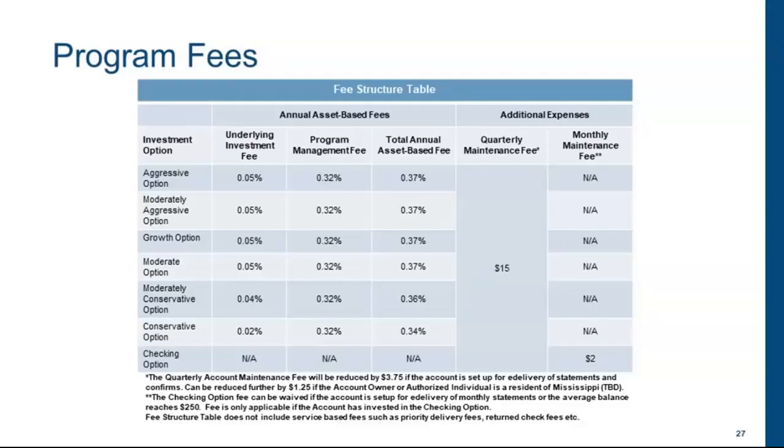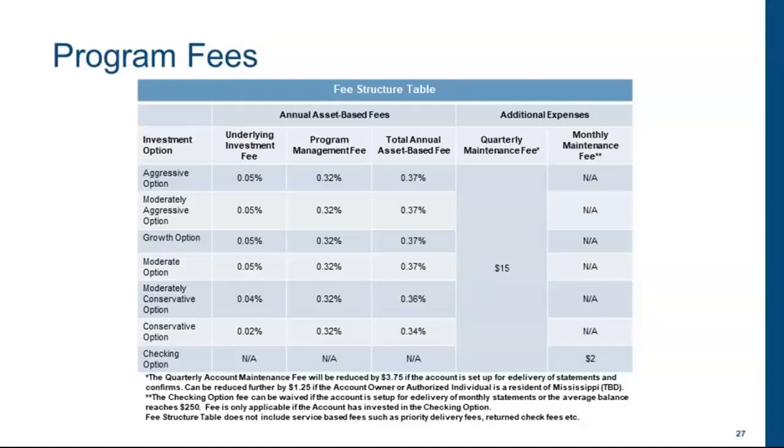They're ranging anywhere between 0.02% and 0.05%. So this is the fees that go to pay the mutual fund companies of the underlying products. As mentioned before, BlackRock, Vanguard, Schwab, Sallie Mae, all those underlying managers, they get paid through this underlying management fee. So we try to keep that as low as we can, and we do that by using the cheapest share class we can possibly use.